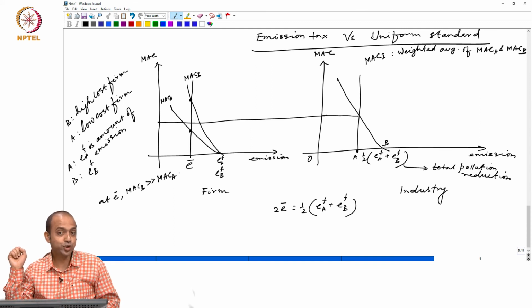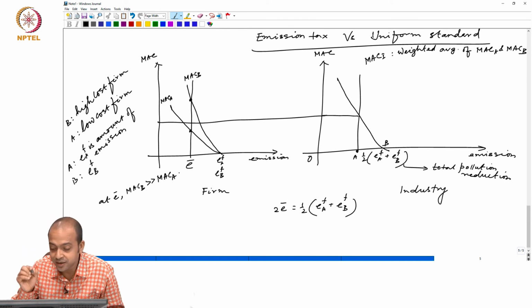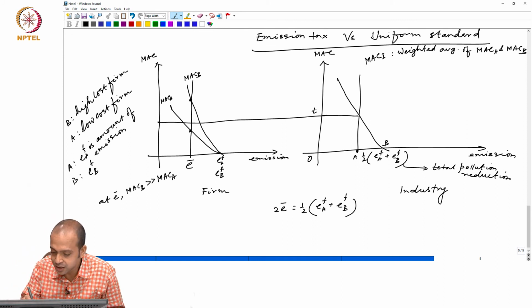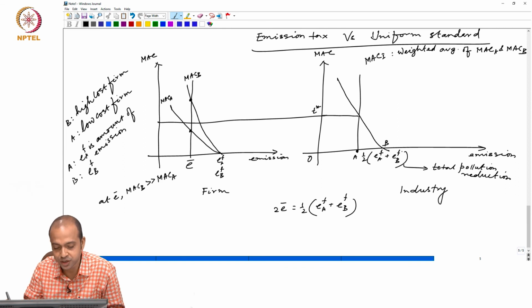Rather, what we should do, if we want to achieve the same half of EFA plus EFB amount of pollution reduction, is that the regulator should first decide a tax rate, decided here by equating the industry marginal abatement cost with a vertical line which decides the pollution reduction.